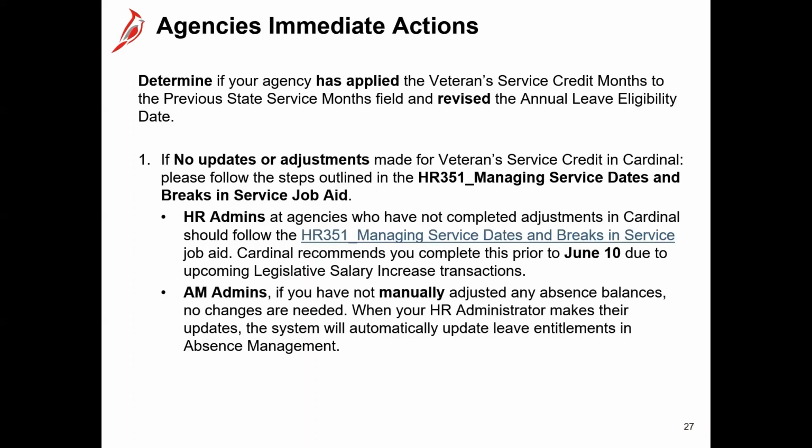Again, going back to somebody's question about effective date used, that job aid covers that information a little bit more detailed. And going forward, as you're adding new hires or rehires into the system, you're going to want to follow that guidance on the job aid.